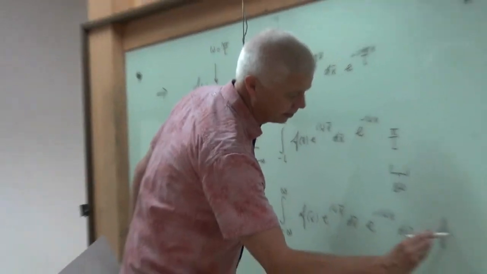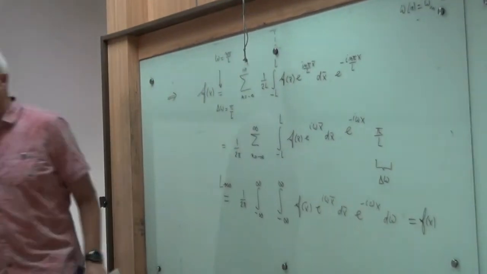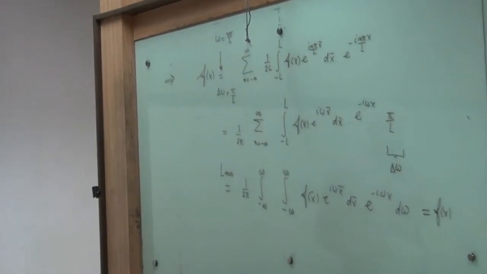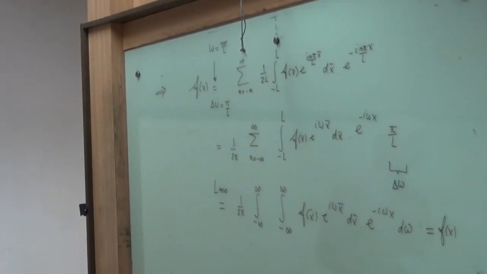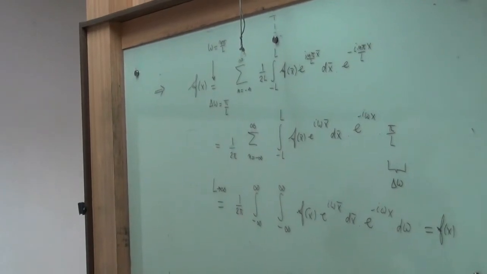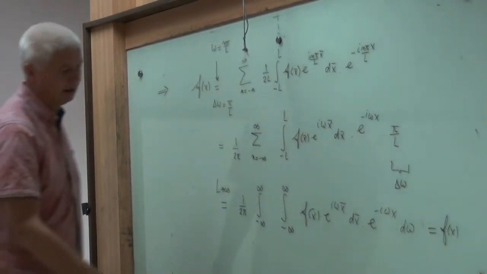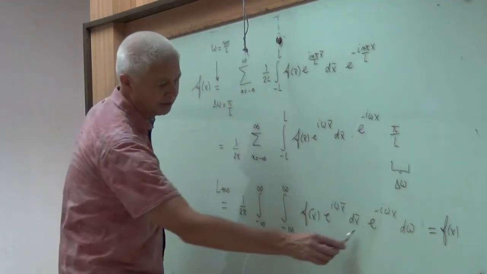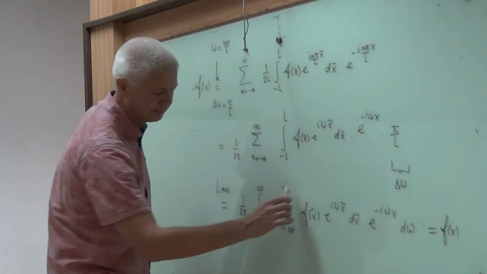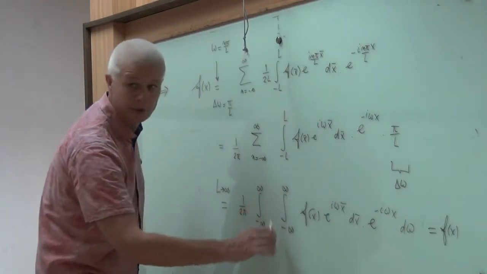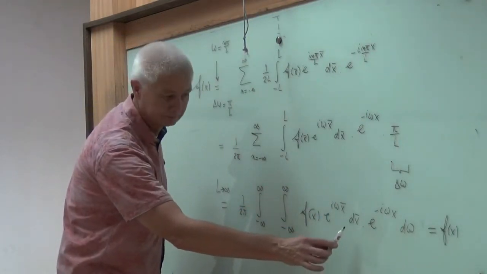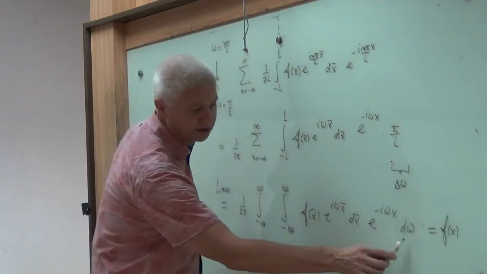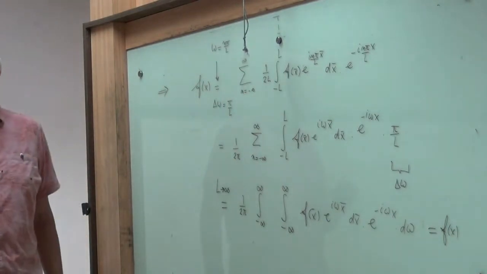So that's a rather complicated way of saying that f(x) is equal to this. But I see something nice. I see something here, an integral over f e to the power i omega, that will certainly give me a function of omega. So here I have a function of omega times e to the power i omega x d omega.